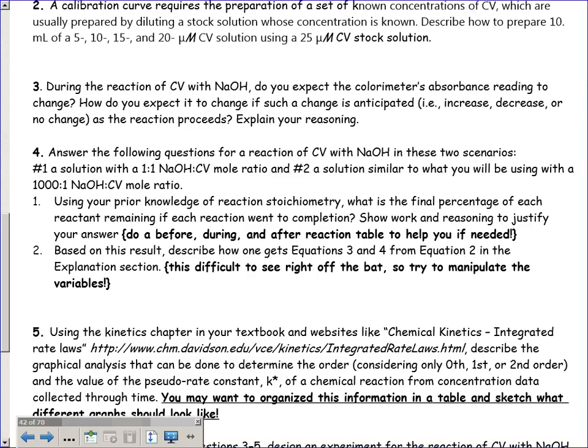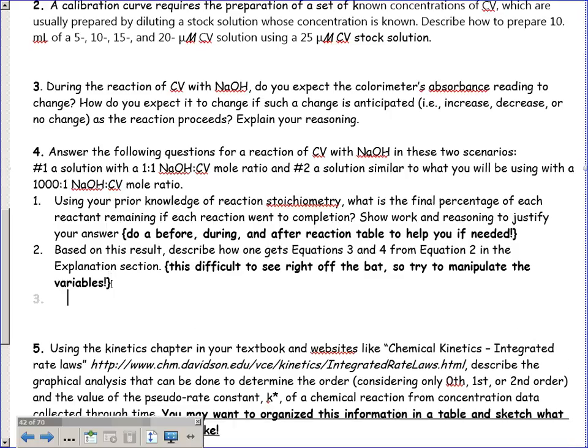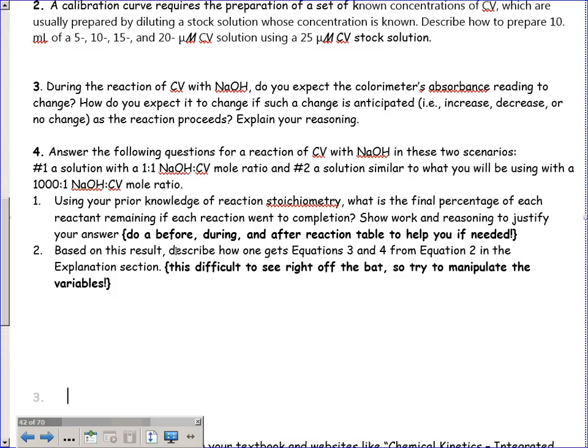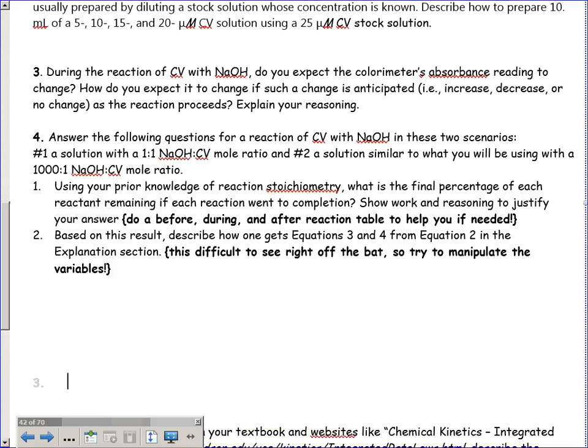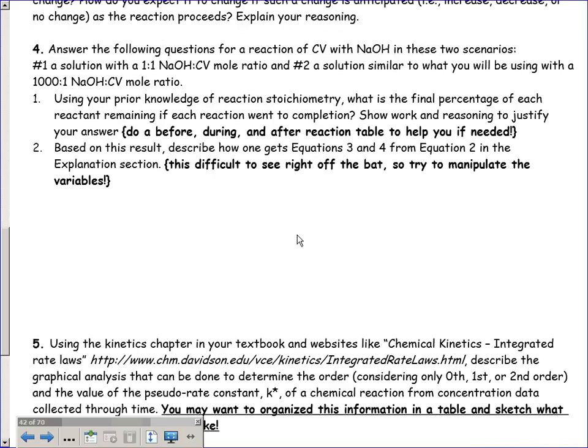Number 4, I'm going to have to do on this board. So this is a reaction, right? And we know we can calculate concentrations of reactions. We can use a little stoichiometry if we need to. This is the part where I'm pretty sure maybe one group got somewhat close, and I had one group that said, through common sense, blah blah blah.